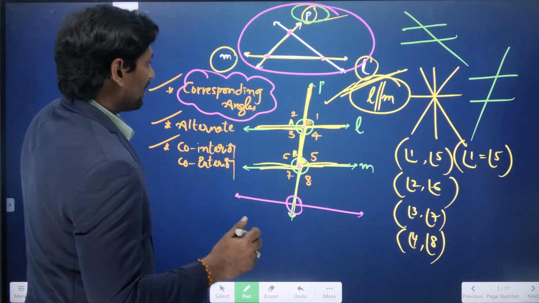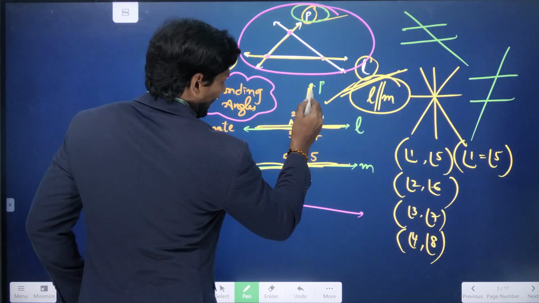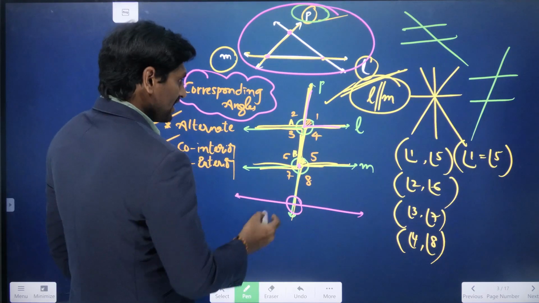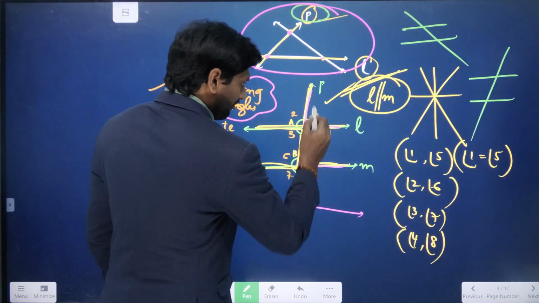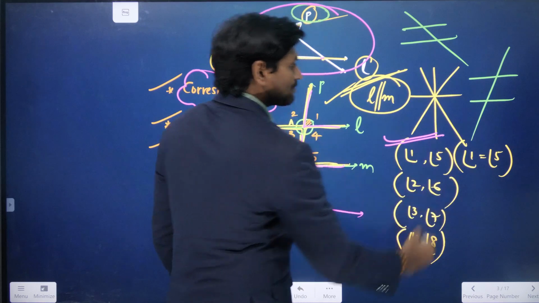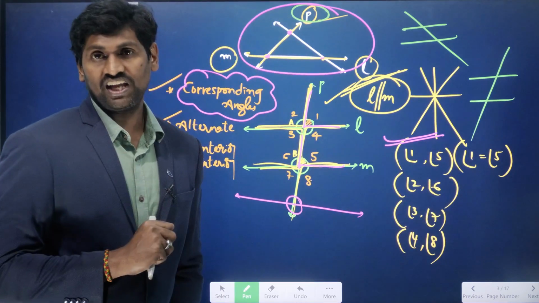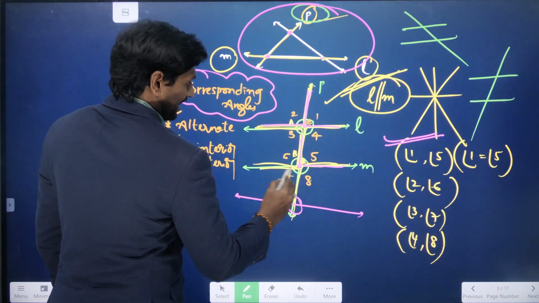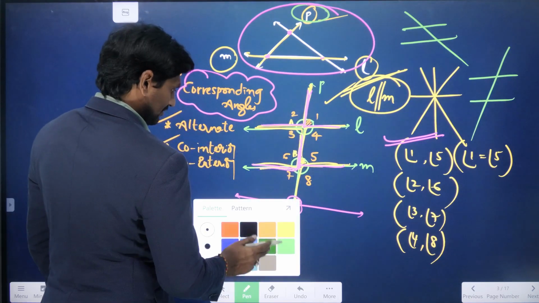Now from that I have derived that here angle 1 looks like an L shape. Same L shape is forming at 5. 1 and 5 are a pair of corresponding angles. Same way, angle 2 reverse L, angle 2 and angle 6.